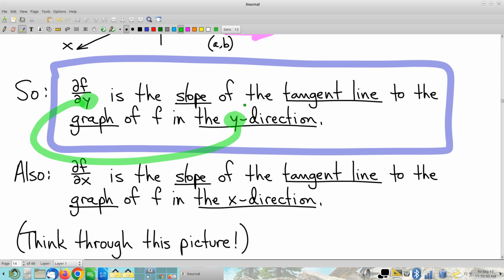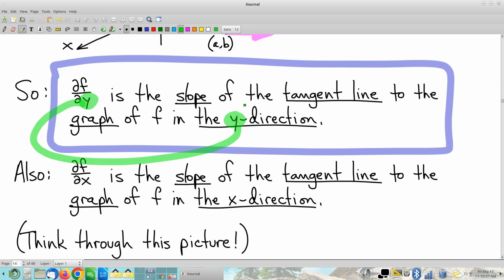Very often we'll just say it's the slope, but do be careful: slope of the tangent line, because in order to define slopes, we technically have to talk about tangent lines. Lines are what have slopes. Also, very important, you might not say it every time, but you absolutely have to think it every time: it's the graph, specifically, whose cross-section I'm talking about.